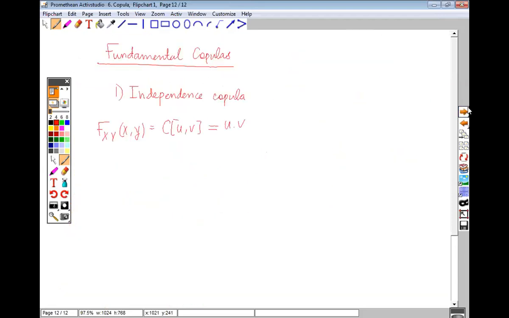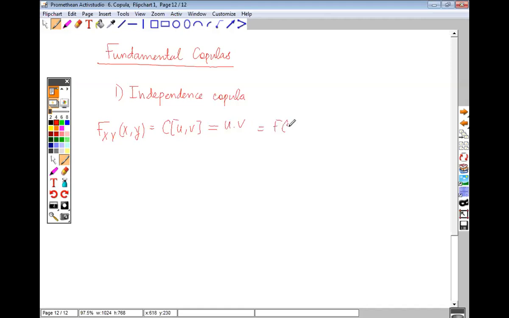And we are still wondering what is the value of that C of U comma V. If we know that we're looking at the fundamental Copula, and that X and Y are independent in nature, then we know that the Copula value will be just U times V.